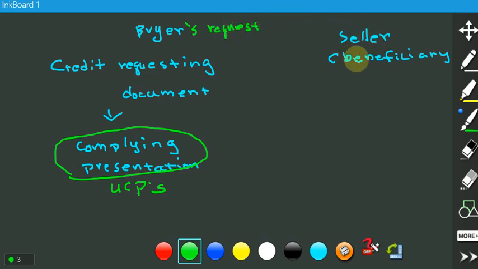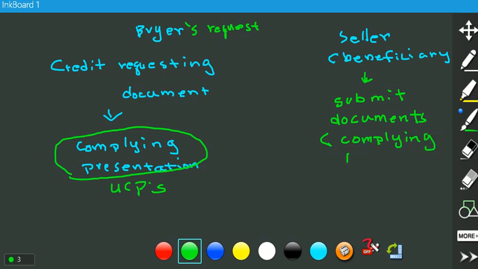Then the seller should provide the document meeting the buyer's request, in other words, a complying presentation. Then the seller will submit the document. What document? The complying document. This is the same.